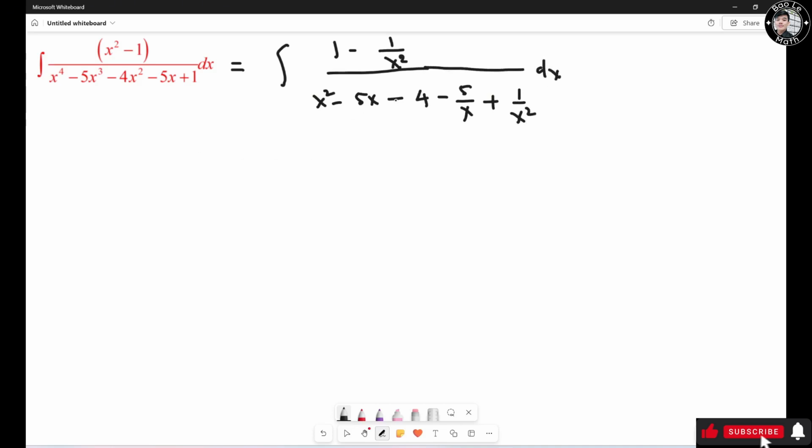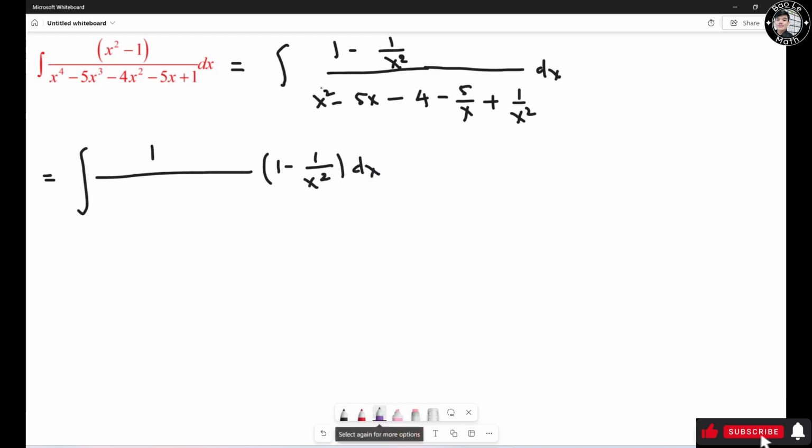On the bottom, we need to combine like terms. I just rewrite the top as 1 minus 1 over s squared ds.